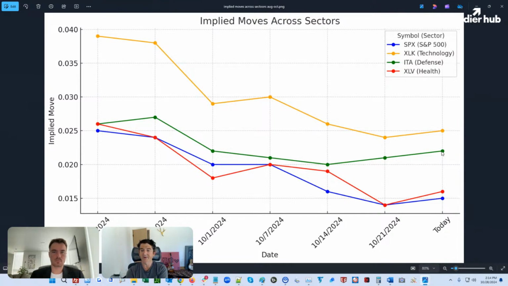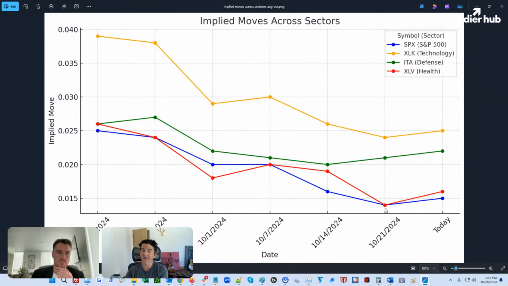A couple of things have started to come up. You could tell SPX has come up in the past week, from under 1.5 to about 1.5. XLV has come up. So I think a long play here, a long volatility play, a long gamma play would be something that I think about.